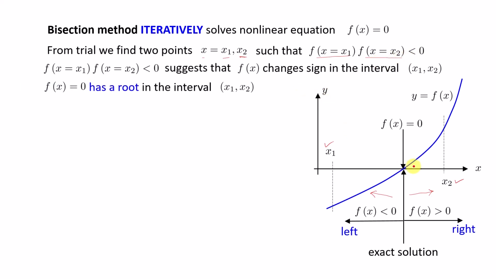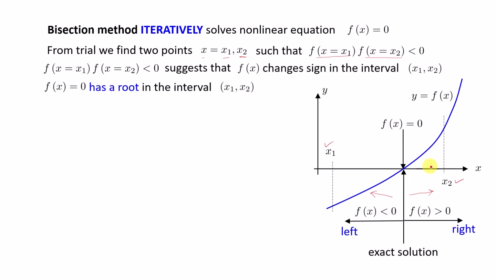So we understand that between x1 and x2 this function will change its sign, which tells us that between these 2 points x1 and x2 there must be a point where f(x) equals 0, that is, between these 2 points we do have a root.